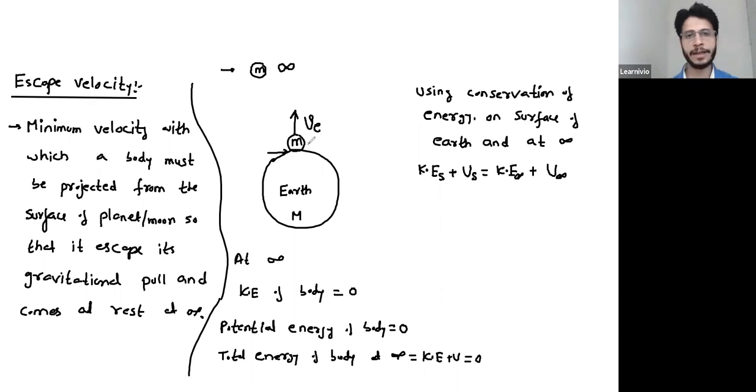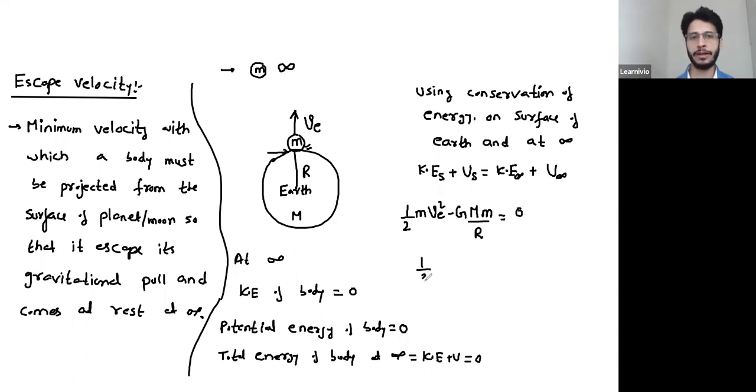So how much is the kinetic energy at the surface of Earth? If I am projecting this with this escape velocity V_E, it is half m V_E square. So I'm applying all energies for this body of mass m which we are projecting. Potential energy, if the radius of Earth is R, then its potential energy is minus G M m divided by R. And this is 0.